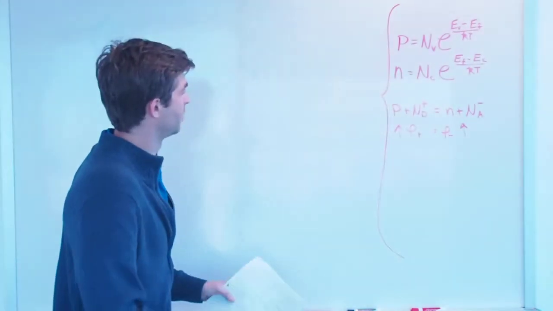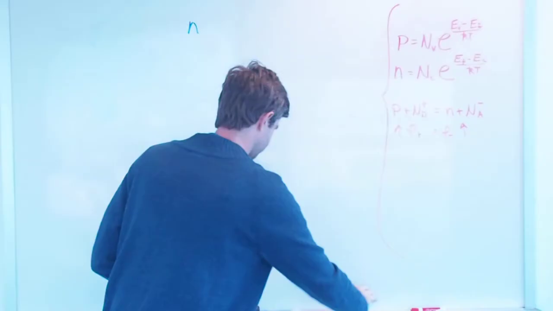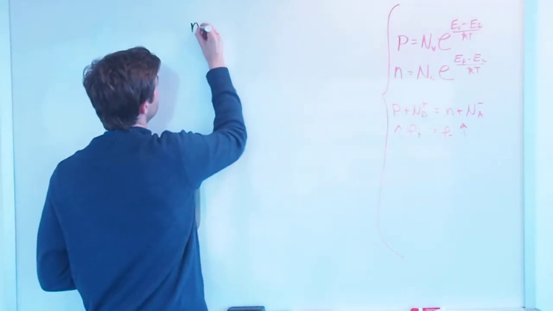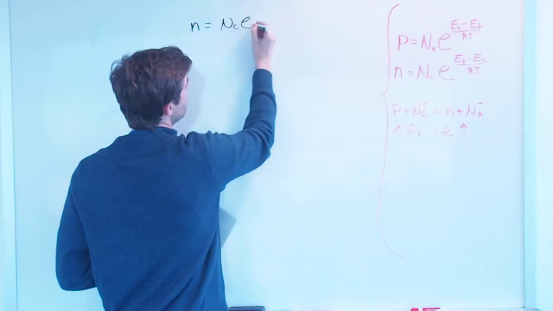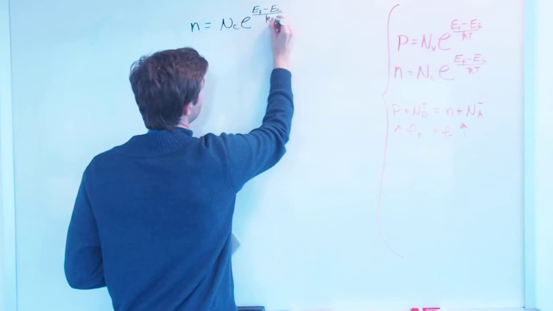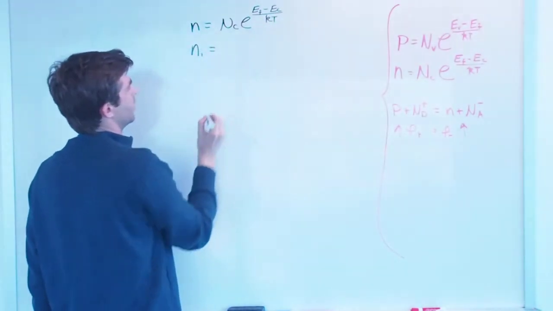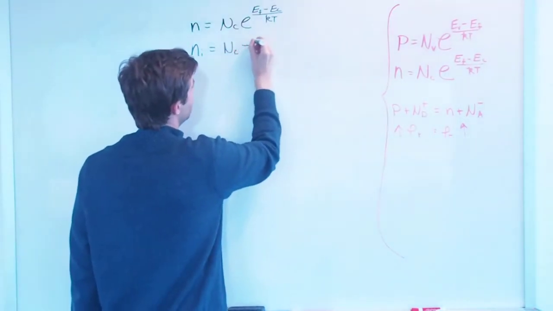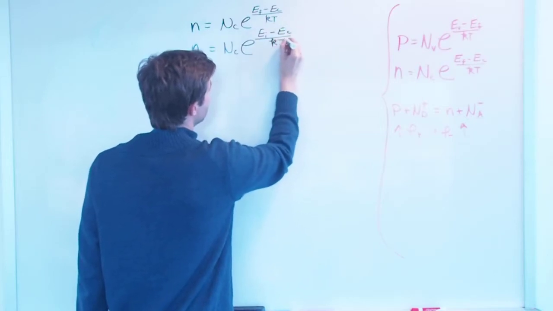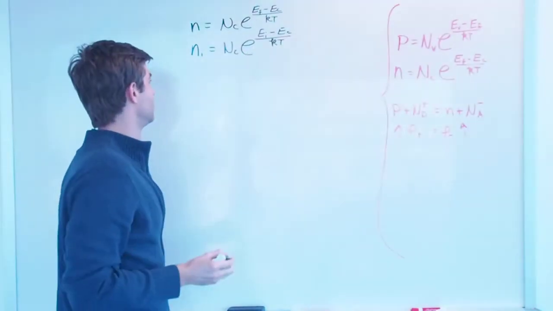Well, let's start with what we know here. I'm just going to do it for n. We know that n is equal to N_C e^((E_F - E_C)/kT). And we know that n_i, our intrinsic electron concentration, is N_C e^((E_i - E_C)/kT), where for an intrinsic semiconductor, E_F is E_i.